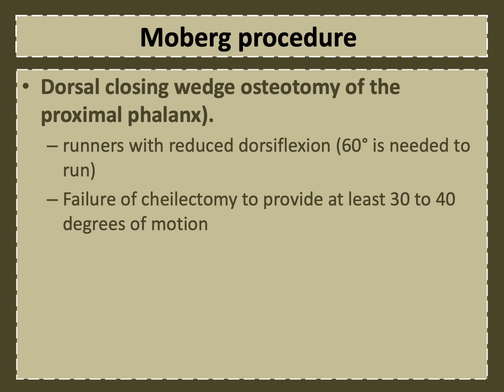This was popular for a while. It has issues, as you might imagine, as with anything. You can go too far, and so people can be cocked up a little more and unable to get their toe fully down on the ground, which people don't like. People can continue to have pain if they still have areas of the joint that are arthritic, and so it's not one that we do often.